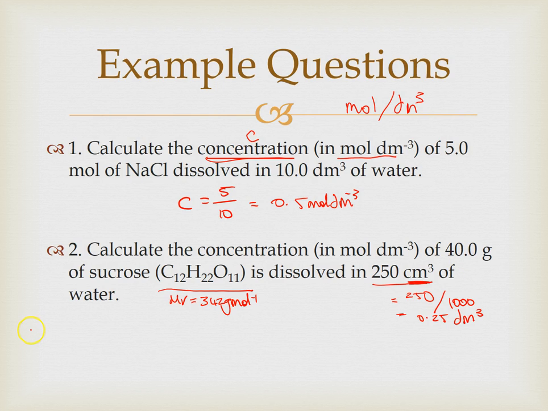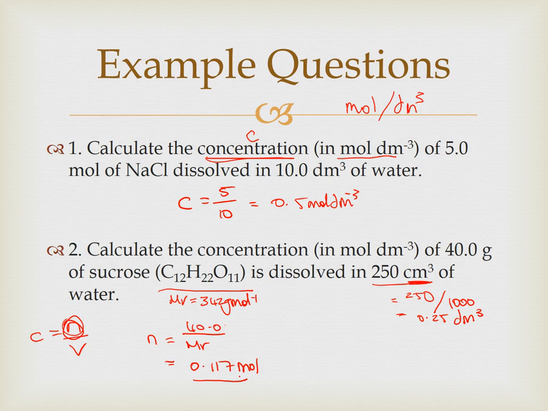I want concentration, so I'm looking for number of mole over volume. I need this one: n is going to be equal to my mass of sucrose divided by my molar mass, which is going to be equal to 0.117 mole.